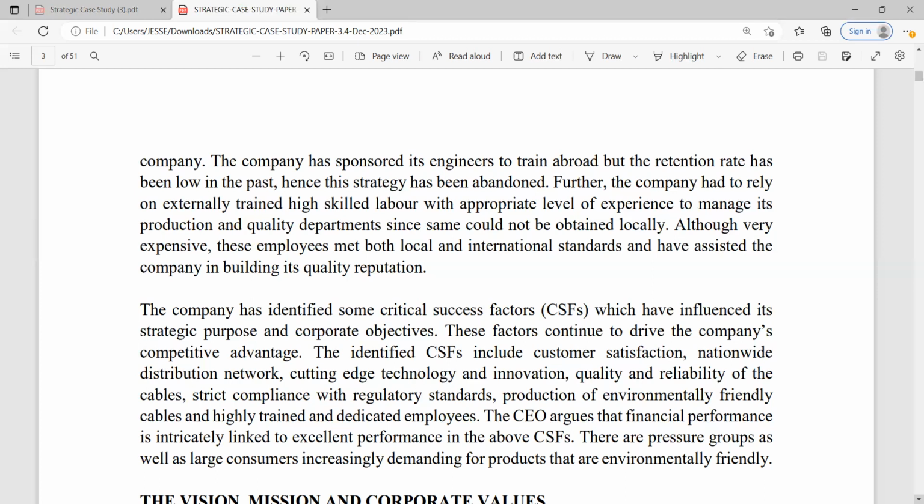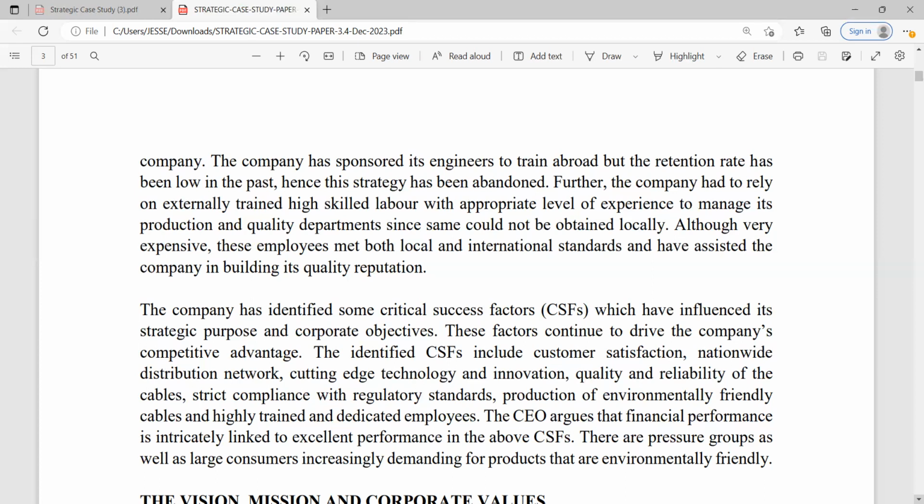So further, but I entreat you to think about some of them. Further, the company had to rely on externally trained high-skilled labor with a proper level of experience to manage its production and quality departments, since same cannot be obtained locally. So this is also another cost. And when you're thinking about strategic implications, you need to think about this. How can they raise internal people who can handle their machines without them leaving?